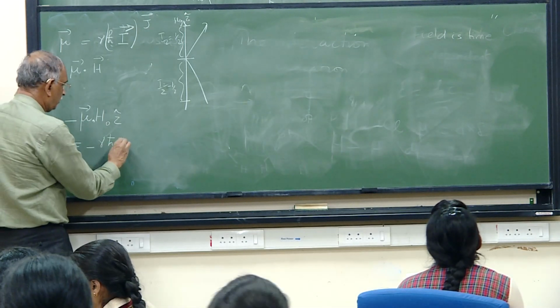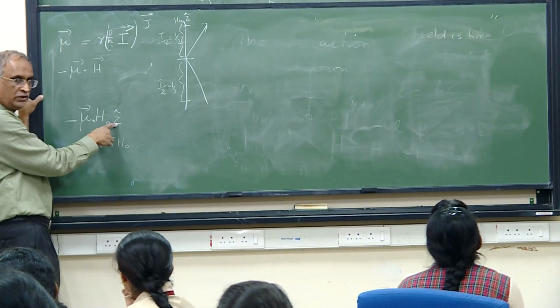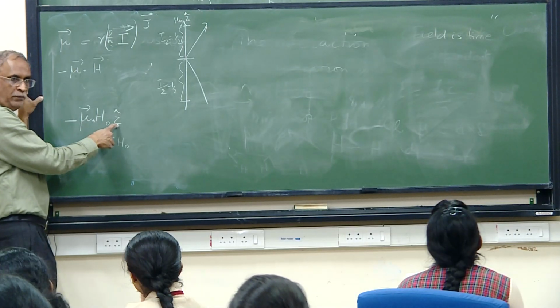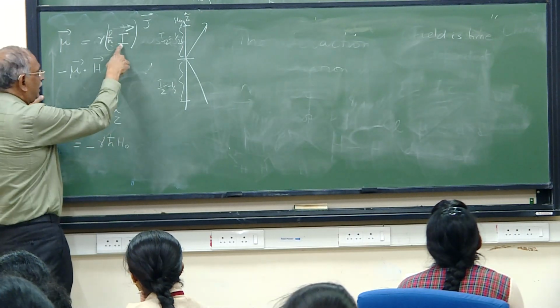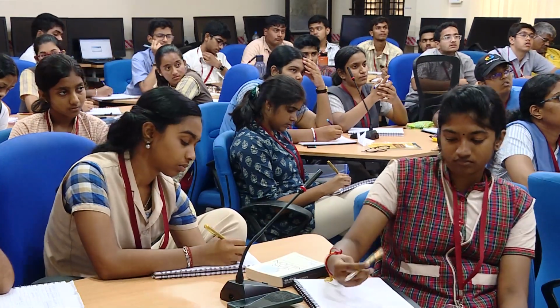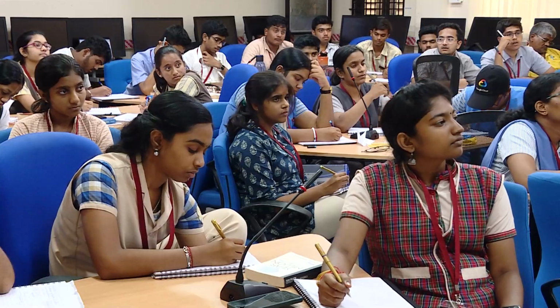Now H naught is a constant magnetic field. So the mu now interacts only with the z, which means it will only have the z component of mu that will be picked up by this z, and that is Iz. Okay. So this is the energy in the magnetic field.